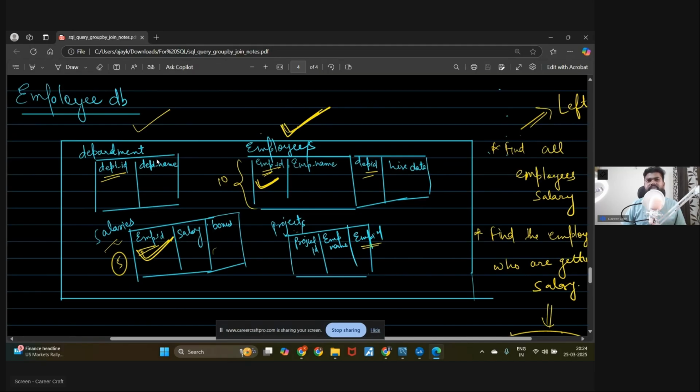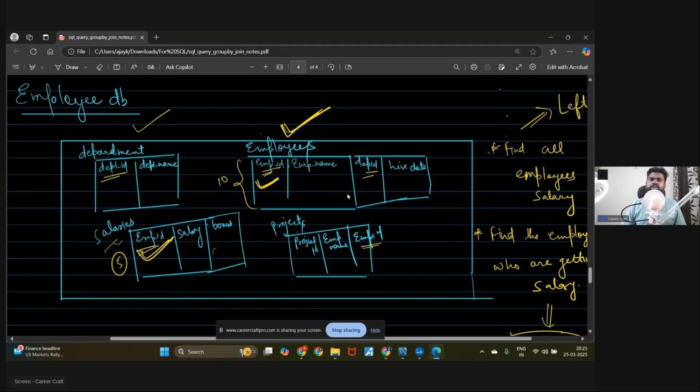Praveen has understood it. It will be a full outer join. You have to do a full outer join because there are some department IDs which are null.